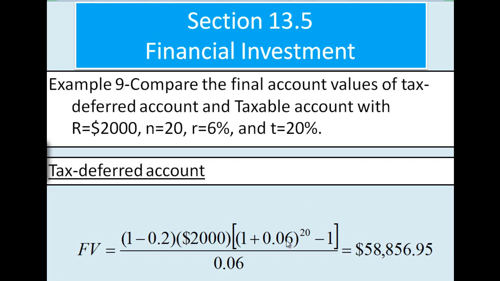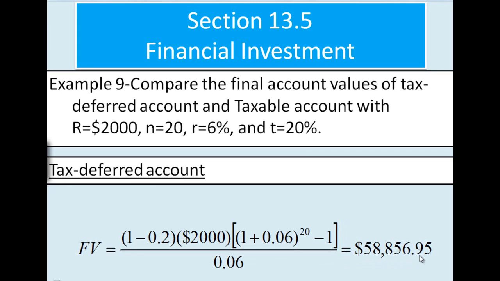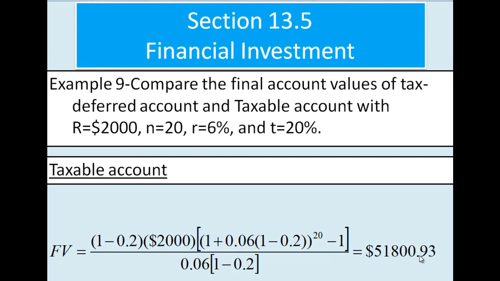Plugging into my formula, the answer is 58,856.95. The tax salary account with the same data is smaller, at 51,893. Let's use the calculator to verify that.